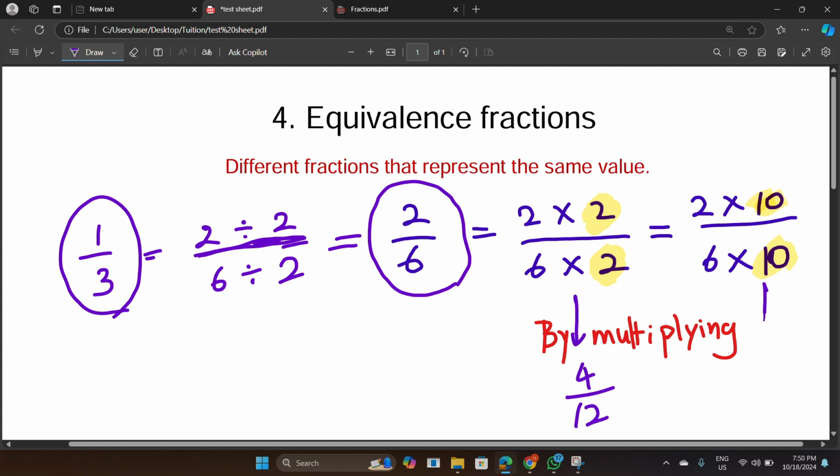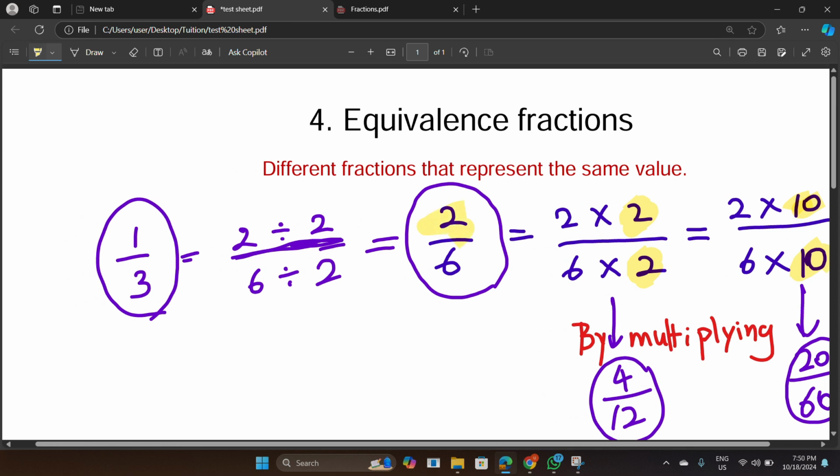Here, we get 20 for the numerator and 60 for the denominator. This 4 over 12 as well as 20 over 60 are also equivalent fractions for this 2 over 6, right?